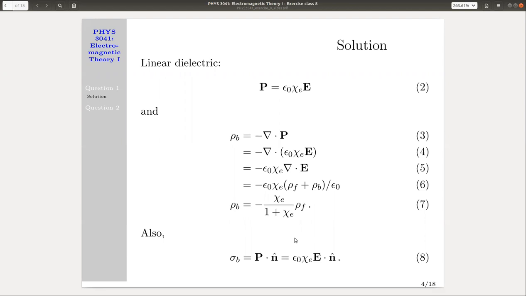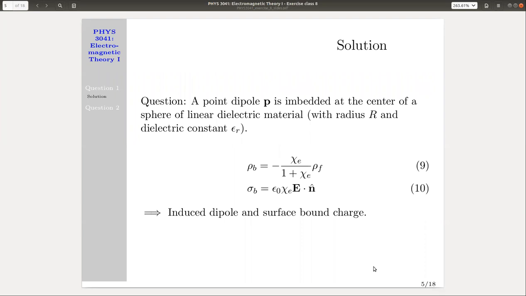And also there is the relationship between the polarization and the electric field. Again we just replace P here with the expression above, and then we get this.